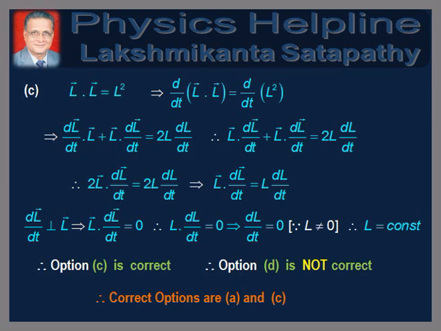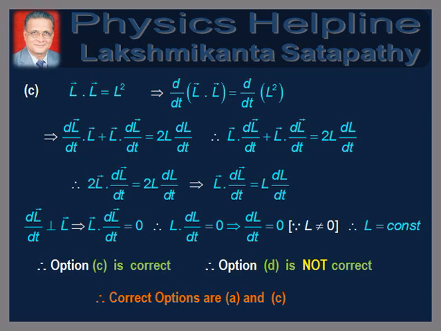Now for option C. To obtain information about the magnitude of L, we proceed as follows. We have L dot L is equal to L square. Differentiating both sides with respect to time, we get d by dt of L dot L is equal to d by dt of L square.